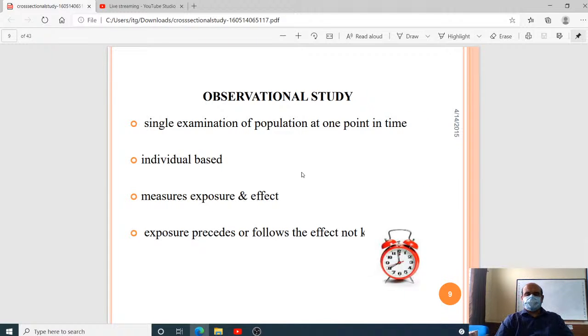Now, when it comes to an observational study, it's a single examination of the population at one point in time. It is individual based. We measure exposure and effect, and exposure predicts the following effect, which is not known.